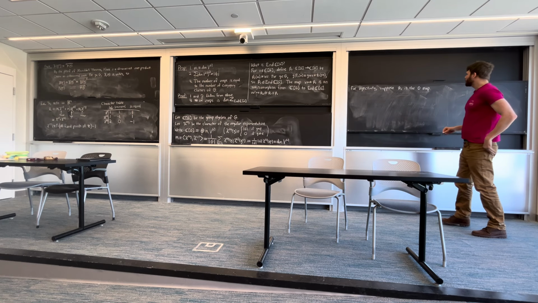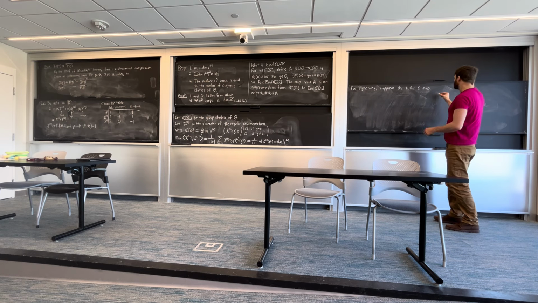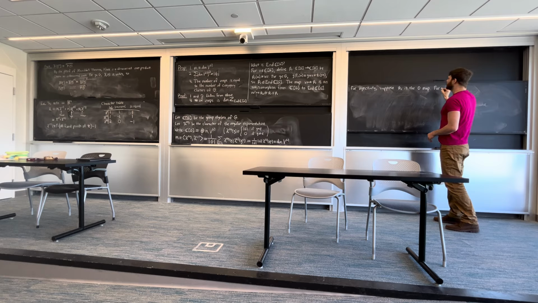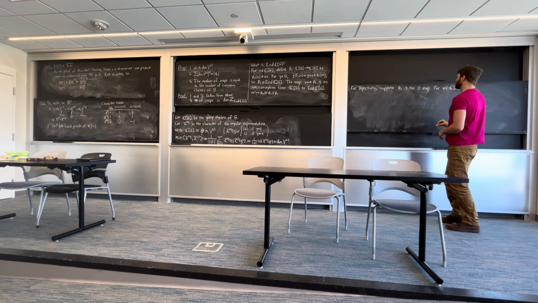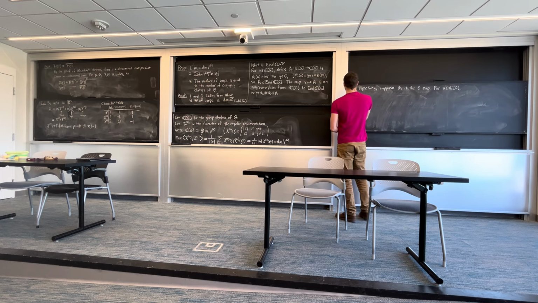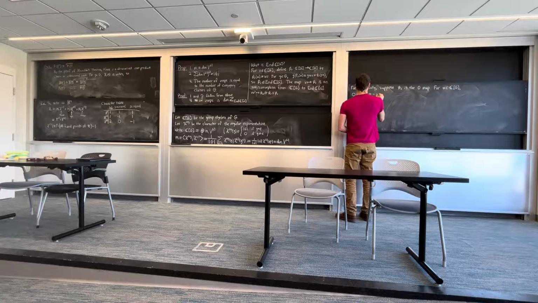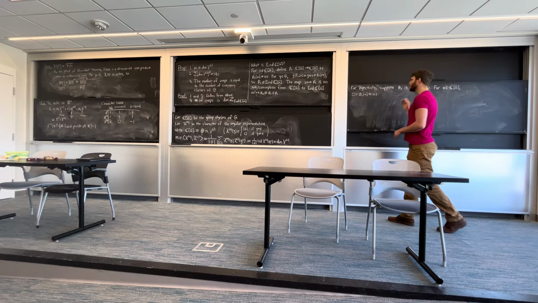Okay, well what that means is that if we take some w in the group algebra, we have that 0 should be equal to phi v of w, which is just w v.